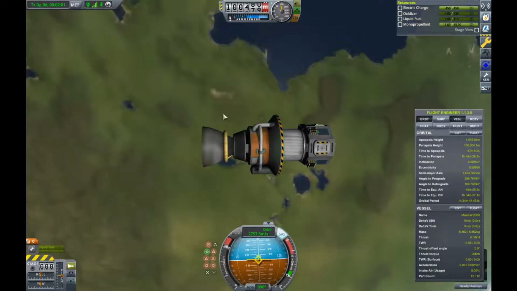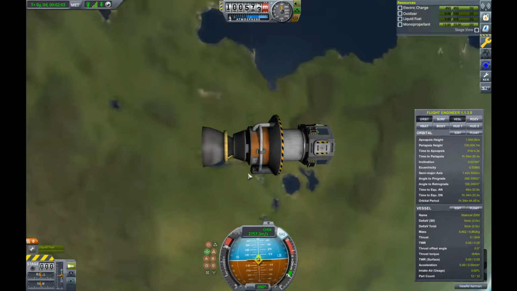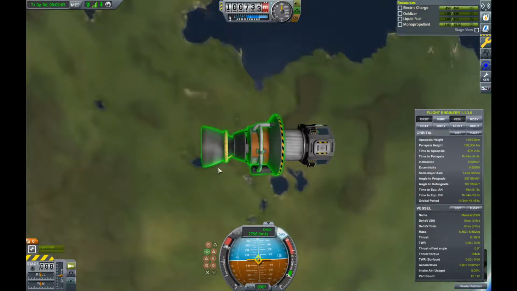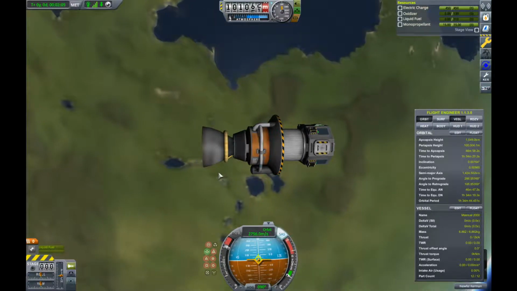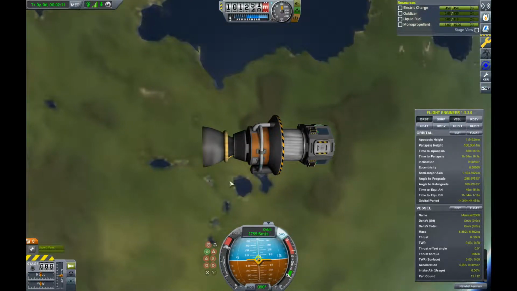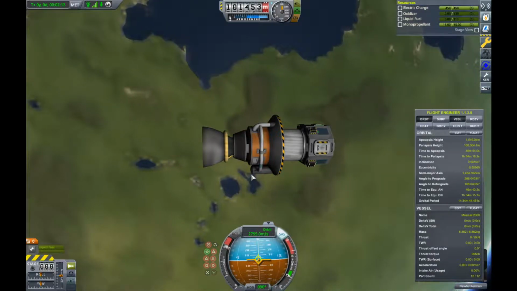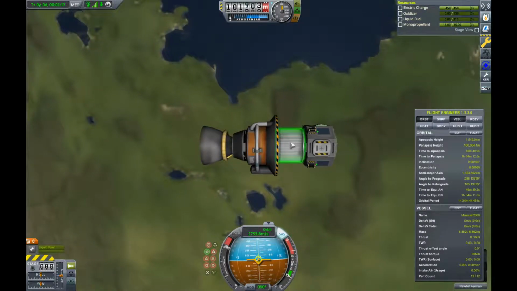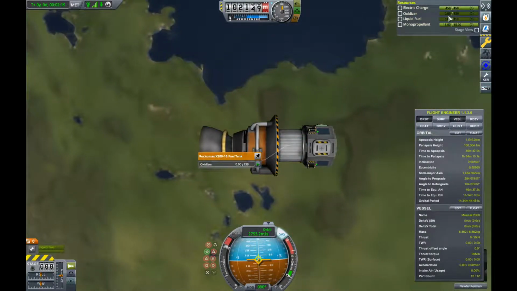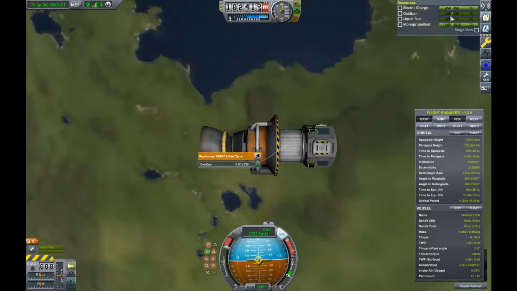Now, another difference we saw there was how quickly it went. The other one took a good few seconds to burn off all of its fuel. This one took maybe a second or two. And it burned through all of that oxidizer and liquid fuel.